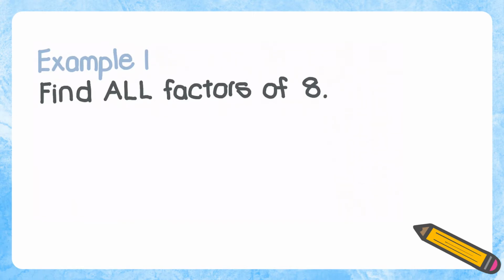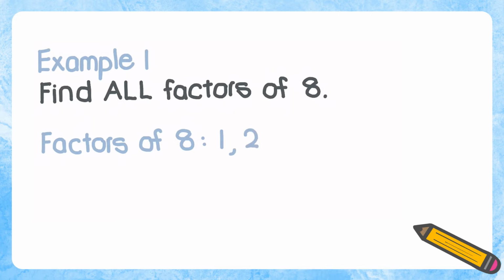So for this example, we are asked to find all factors of 8. We're going to find all numbers that can multiply to 8. In other words, we're going to find all numbers that 8 is divisible by. 1 is a factor because 1 times 8 equals 8.